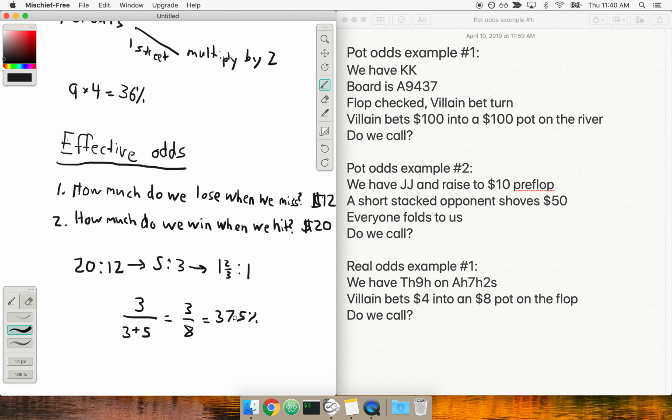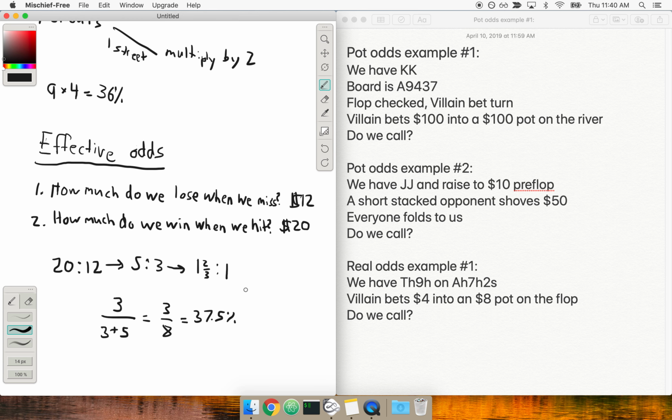So I want to really make you guys understand that pot odds only apply to an end of action situation. Once you make your decision, the hand is over. In other situations, pot odds might be a decent approximation, but you shouldn't really just rely on them.